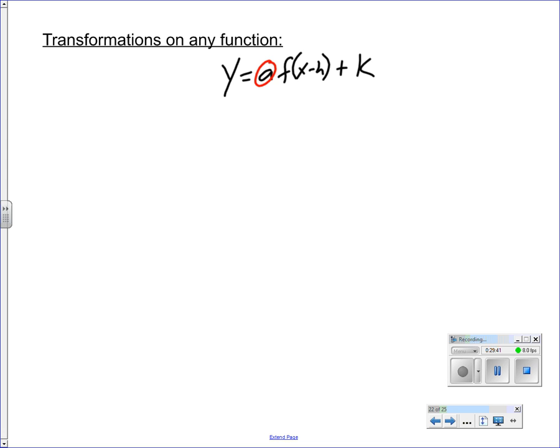So there's three things A can do. So if our absolute value for A is bigger than 1, that's a vertical stretch.